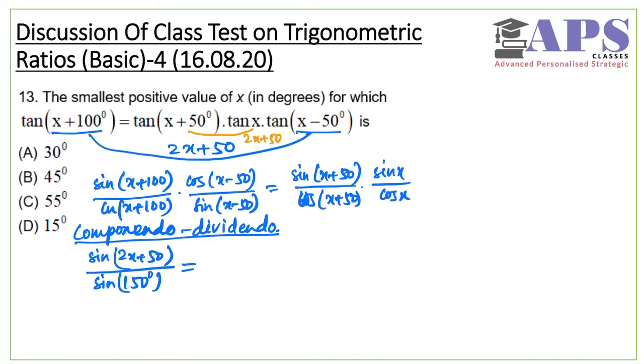And on the other side, sin a sin b plus, so cos of a minus b, that's 50, and sin a sin b minus cos a cos b, that is minus cos of a plus b, that is 2x plus 50.